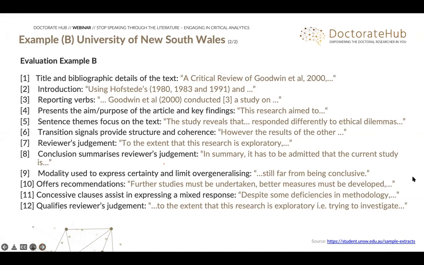It offers recommendations: further studies must be undertaken. Concessive clauses assist in expressing a mixed response despite some deficiencies in the methodology. And it qualifies the reviewer's judgment to the extent that this review is exploratory, trying to investigate.